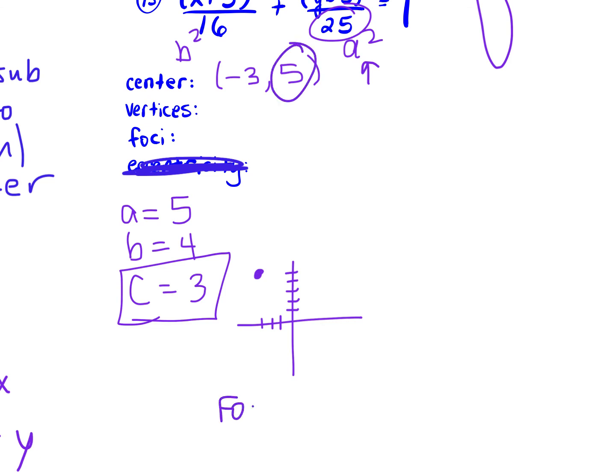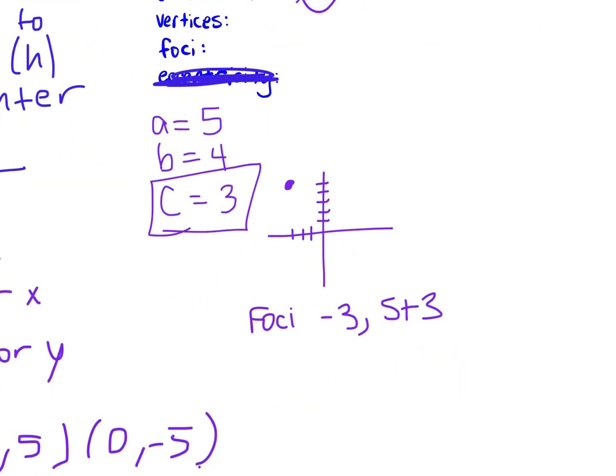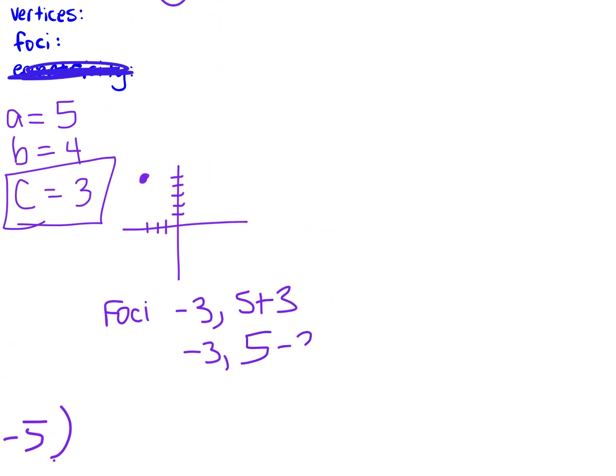So my foci would be at -3, 5 + 3, and at -3, 5 minus 3. So that's where I get the point -3, 8, and then the point -3, 2.